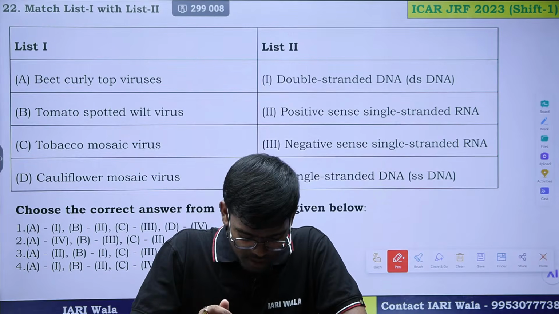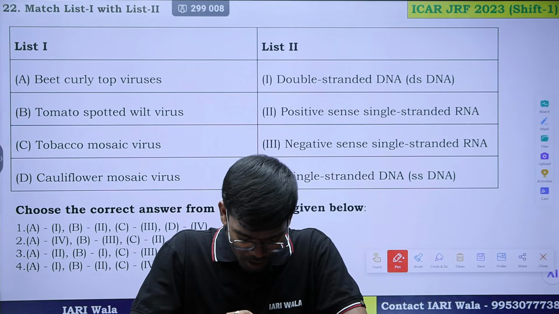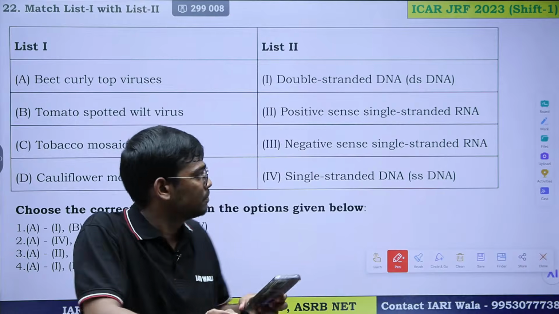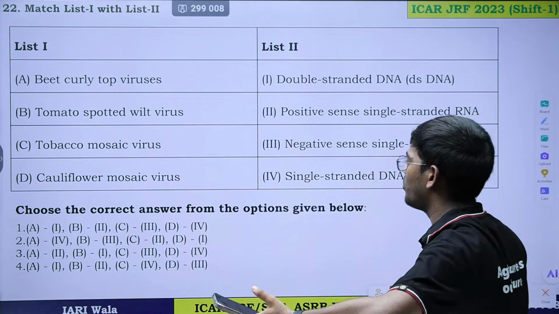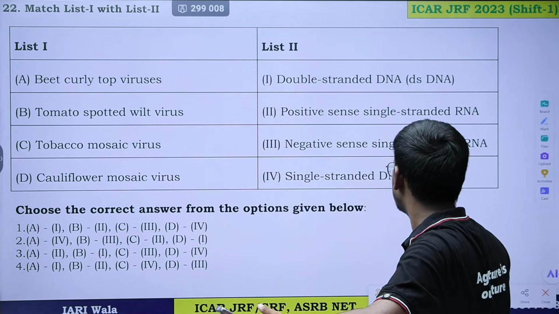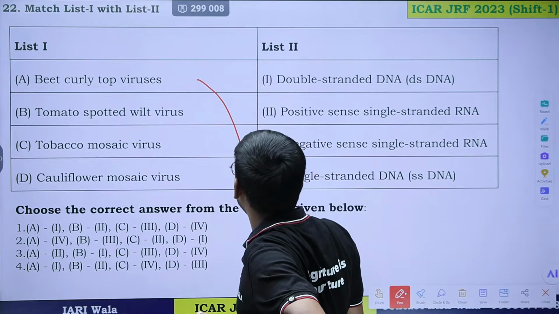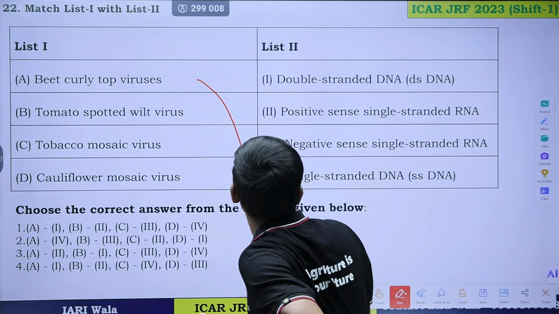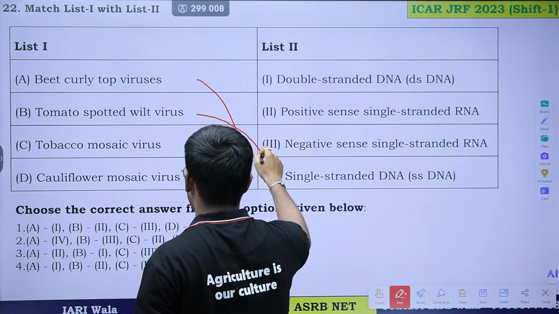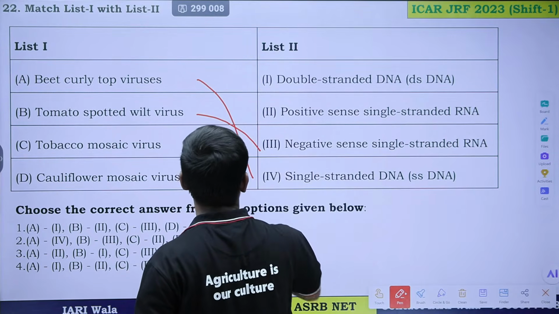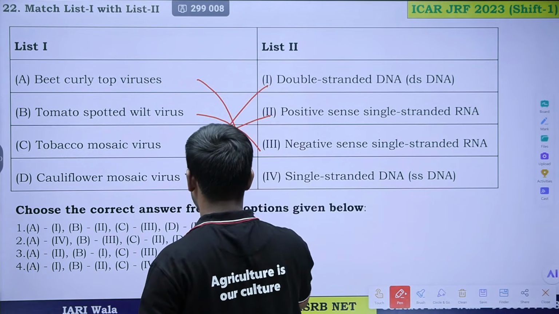Only one student responded, it's 2. Okay. Beet curly top virus consists of single stranded DNA, that is ssDNA. It's true. And tomato spotted wilt virus consists of negative sense single stranded RNA. It's also true. Then tobacco mosaic virus consists of positive sense single stranded RNA. This is also correct. Cauliflower mosaic, this. The option will be 2.